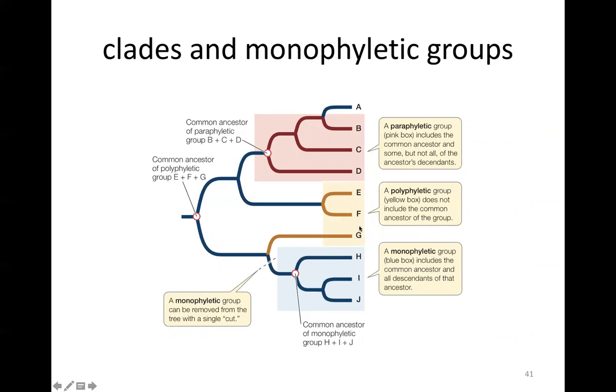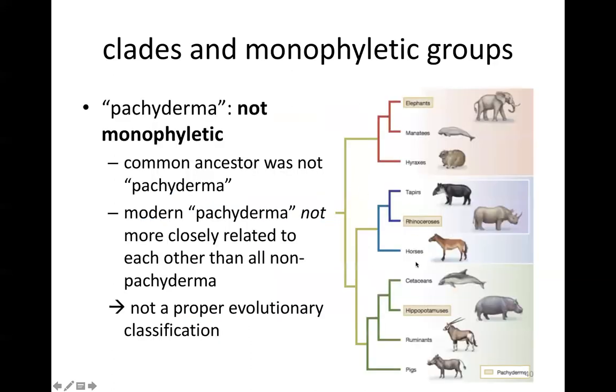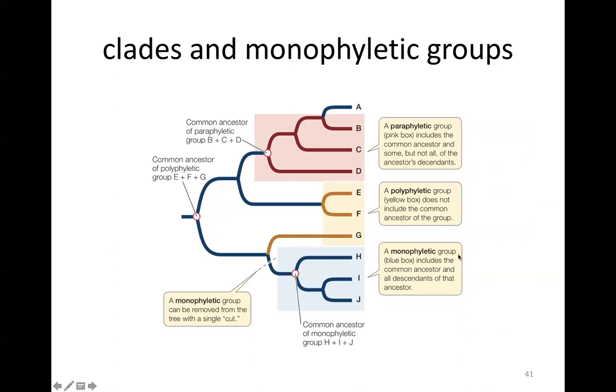For instance, here we see a polyphyletic group, where different lineages are put together, and they would not be monophyletic because they are closely related to other groups. This would be such an example of a polyphyletic group.